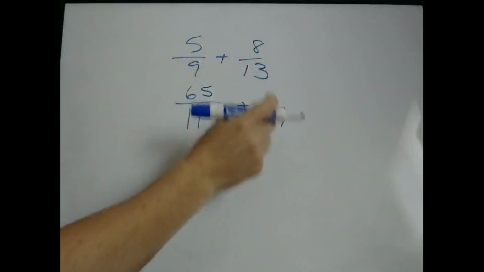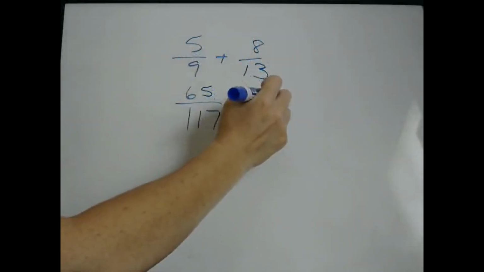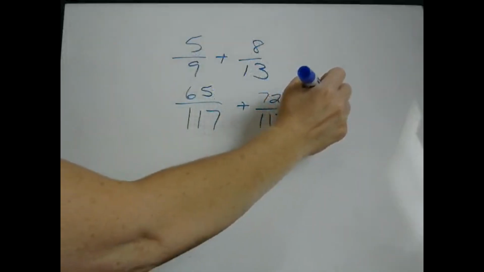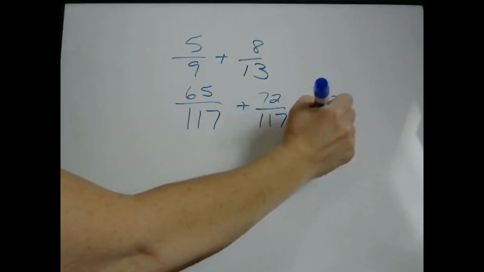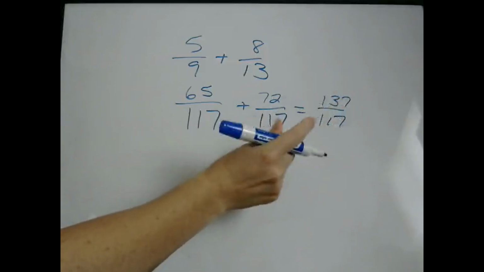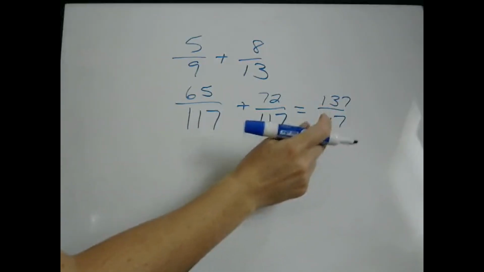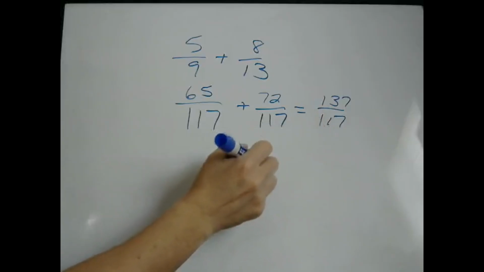Since we multiplied 13 times 9 to get this, we have to multiply 8 times 9, we get 72, and we end up with an answer of 137 over 117. Now this is actually already in reduced terms, so now we just might need to make it into a mixed number, which would be 1 and 21/17.